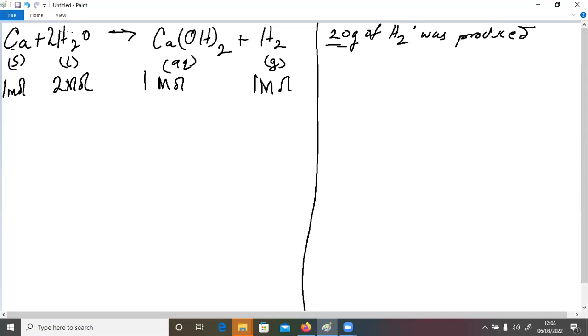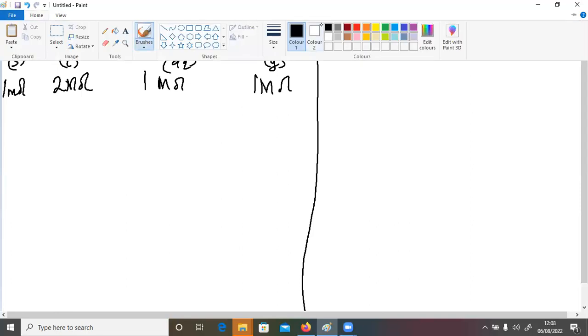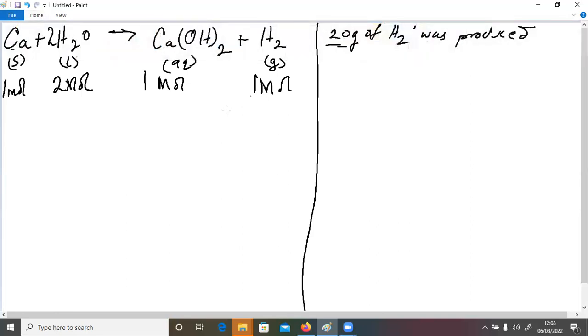If that's the case, I'll find out, if I am producing 20 grams of hydrogen, how many moles of hydrogen this is. I start by finding the moles of hydrogen gas I'm dealing with.